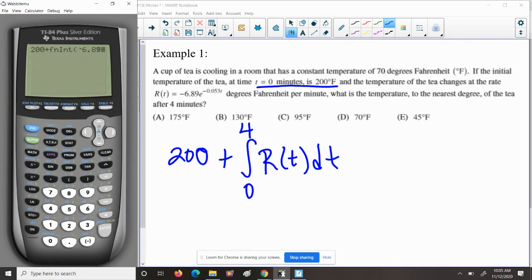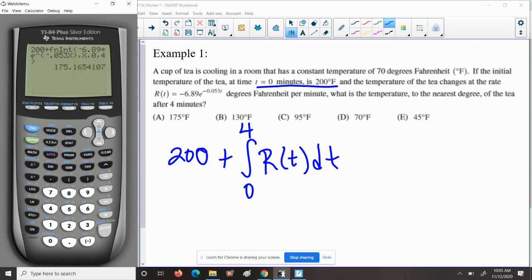Negative 6.89 times E to the negative 0.053, and I'm just going to use X as my variable. Comma X, comma 0, comma 4. And again, if you have the pretty print where it comes up already in an integral, you can just fill that in as necessary.